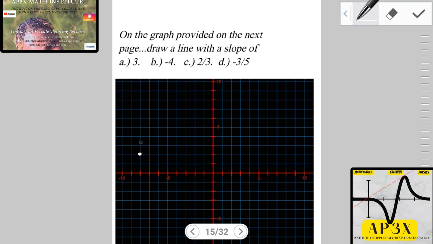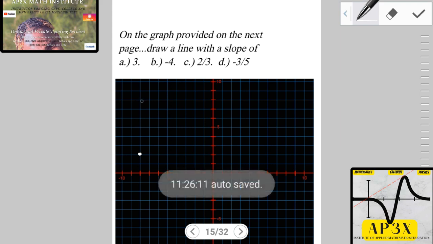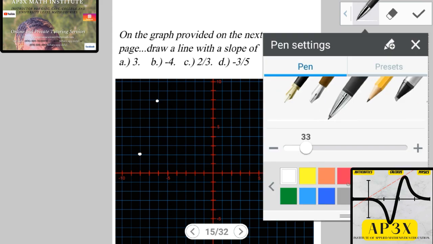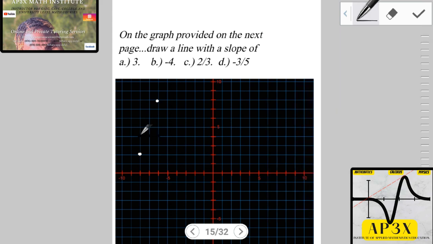So if I choose 6, I have to ask myself, what can I divide 6 by to get 3? If I divide 6 by 2, I'll get 3. So I'm just going to travel 2 units. So I could put a point here, and you're going to find that this is a line that replicates a slope of 3.